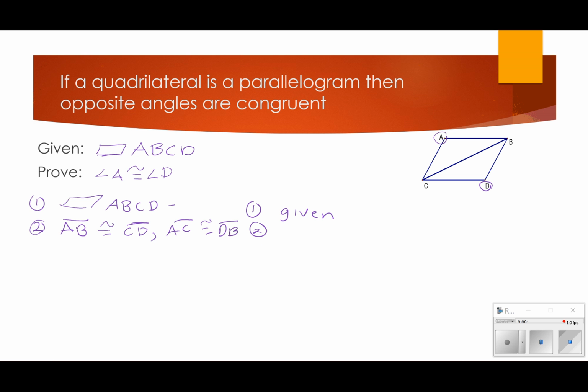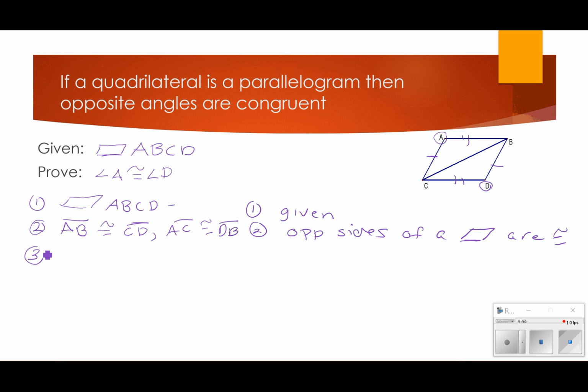And that's because opposite sides of a parallelogram, and we can abbreviate, are congruent. And that was the very first theorem I gave you. All right. So I'm saying that this is congruent to this, and this is congruent to this. Hopefully you guys know where I'm going.